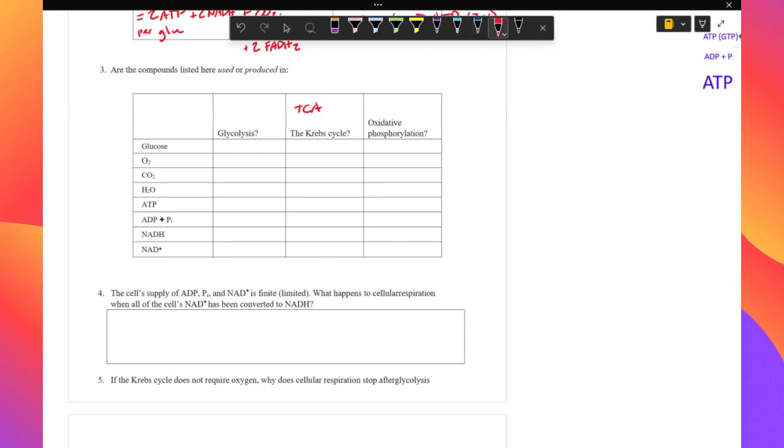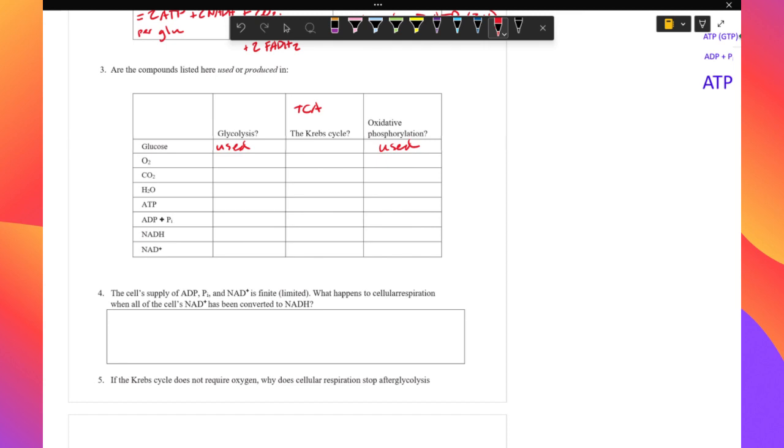All right, so glucose shows up. In glycolysis, it is the substrate, so it is used. Is glucose used in the Krebs cycle? Sort of. Oxygen, let's see, we've got oxygen is used in the Krebs cycle. And oxidative phosphorylation, I guess you could say that glucose is used as a substrate for oxidative phosphorylation.